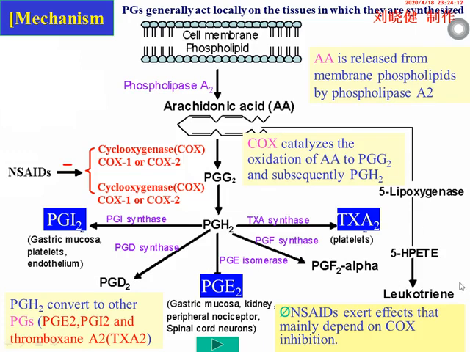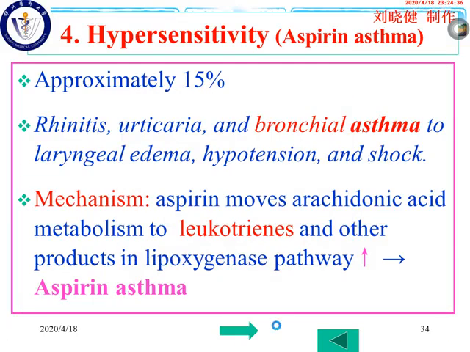Another is leukotriene. But when nonsteroidal anti-inflammatory drugs inhibit COX, this pathway is blocked. So more arachidonic acid is metabolized to produce leukotriene, which is a mediator of allergic reactions. So patients have a higher incidence of hypersensitivity.